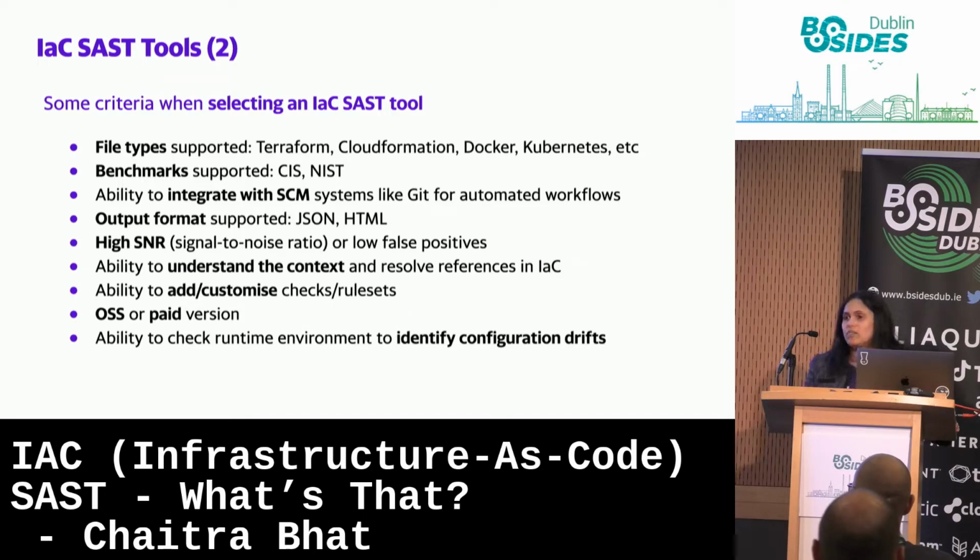Of course, like every other tool, you have the open source version and the paid version. And paid versions have some fancy dashboards available. They have integration with your GitHub, GitLab, and GitHub applications, and they can report the issues to you, so you can go and fix them or open a ticket.